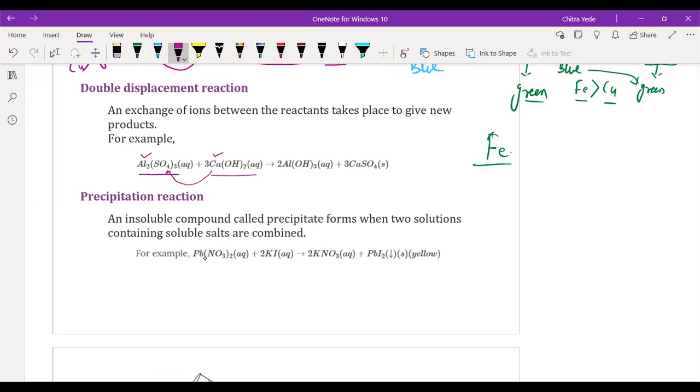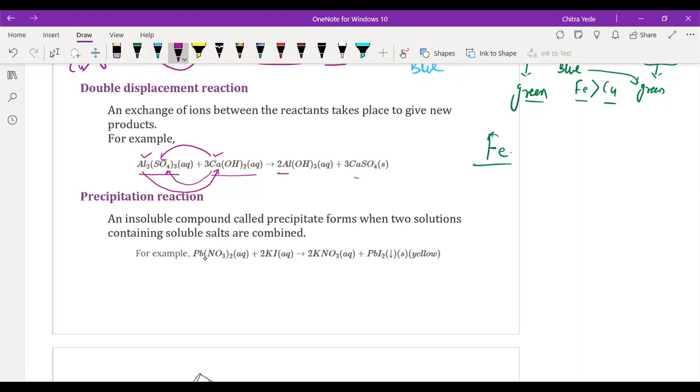So what will happen here? They will exchange their ions. Aluminum will form hydroxide, which will be more stable, and calcium will combine with the sulfate group to form calcium sulfate, a more stable compound. They are also stable individually, but when they mix together, they form more stable compounds by replacing the ions of each other.